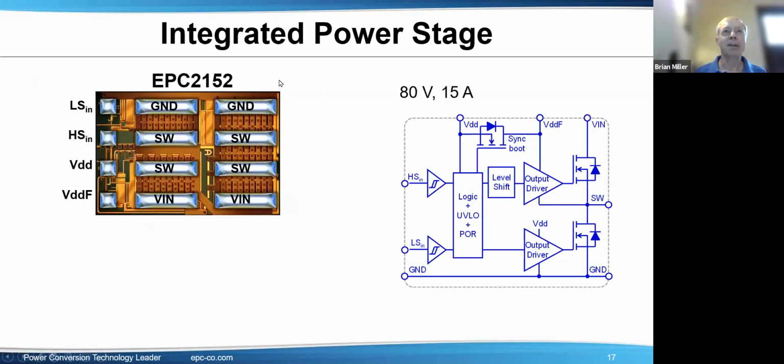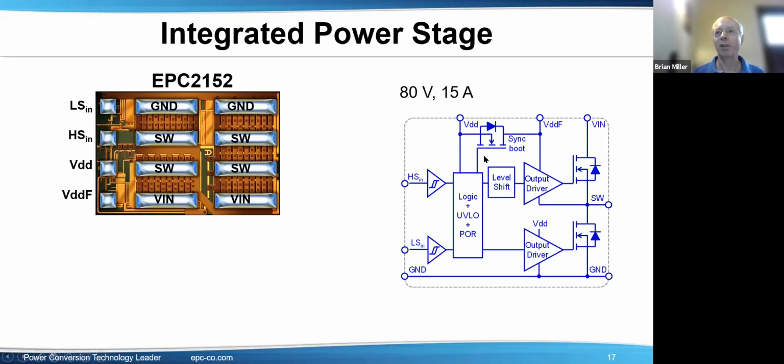An example from EPC, a part here, and this is the block diagram. These are power FETs, not just part of the gate driver, but these are the power FETs. And you can see them here, the big structures. So this is an 80-volt half bridge, the whole thing, with two inputs, logic level inputs, with different protection, a level shifter to drive the upper gate.